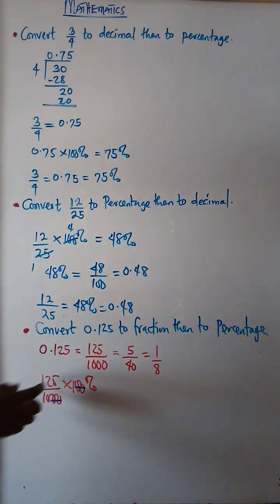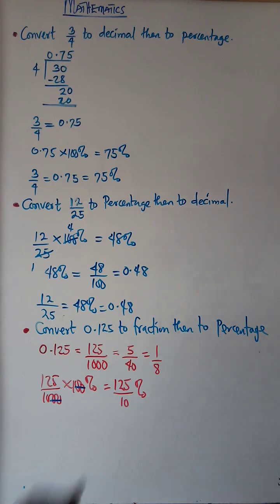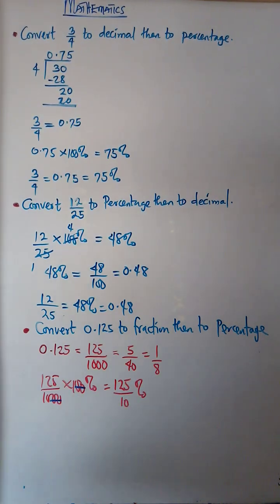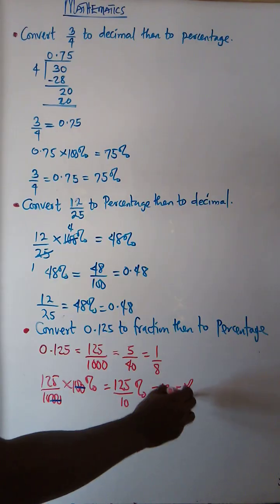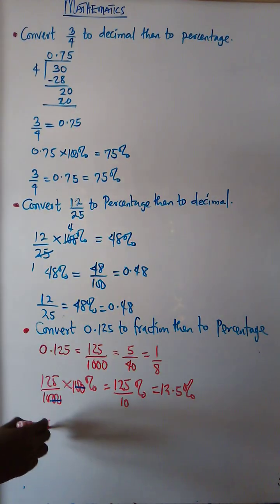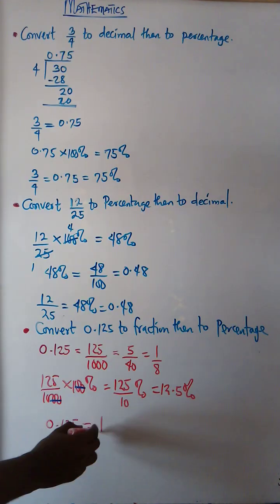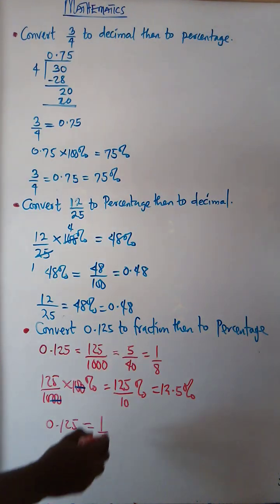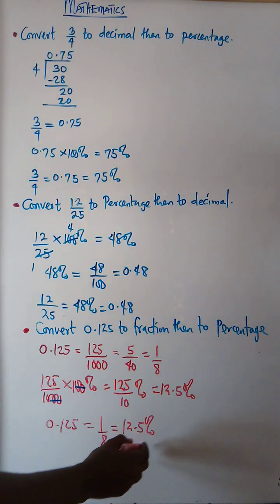So that will be 125 over 10. So I have 1 0 here, so I'll count backward once. That is what? 12.5%. So it means 0.125 in decimal is 1 over 8 in fraction in the least form, and 12.5 in percentage.